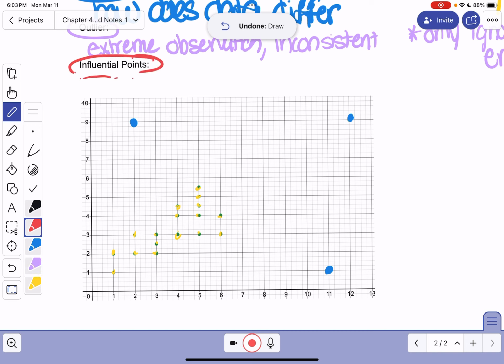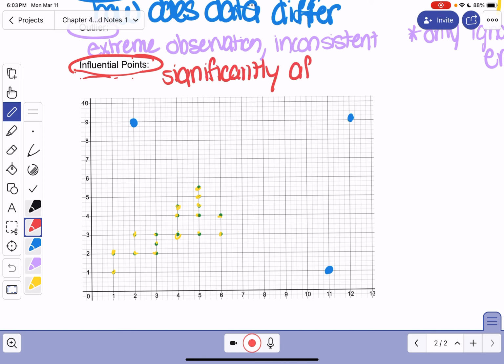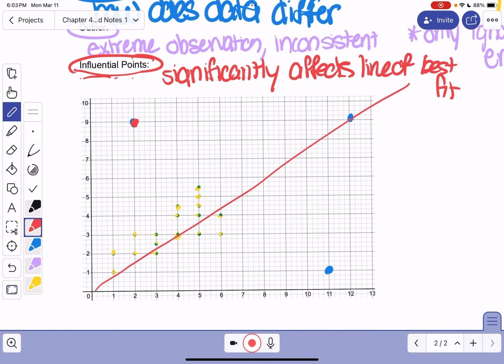An influential point significantly affects the line of best fit. So if I included this data point, it's going to pull the line from there up.